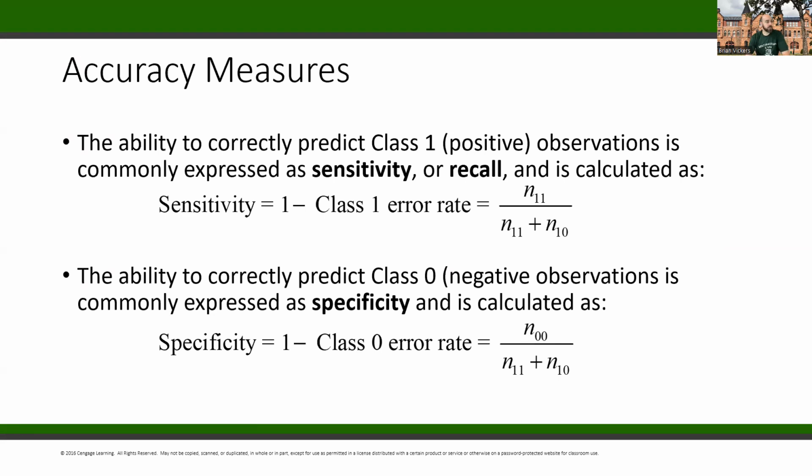All right, sensitivity and specificity are the terms we use to determine how well we accurately predicted class 1 observations. So 1 minus the error rate is our sensitivity. If our error rate is 25%, 1 minus 25% is basically the number of times we got it right.